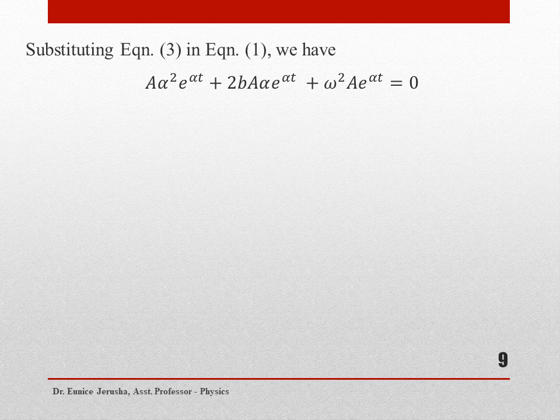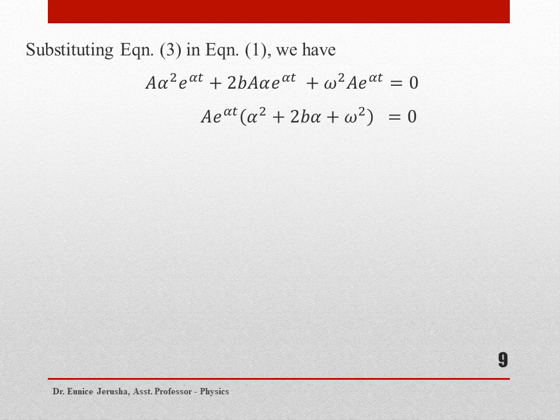On looking at this equation, it is observed that a e power alpha t occurs in all the three terms and is taken as a common term outside. Therefore, we now have a e power alpha t, in brackets we write alpha square plus 2b alpha plus omega square, equal to 0.